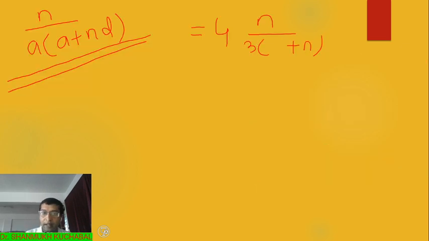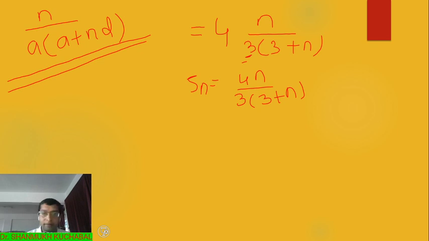So I have taken a equal to 3, and here also a equal to 3, and n we don't know, we keep as it is. If you simplify this, we get Sn equal to 4n divided by 3 into (3 plus n).